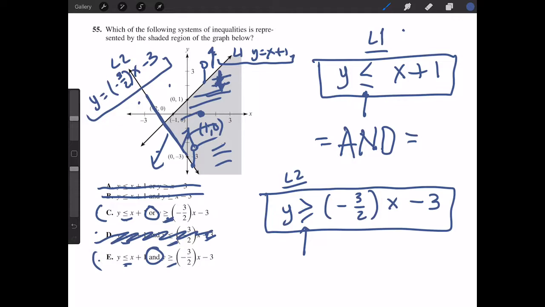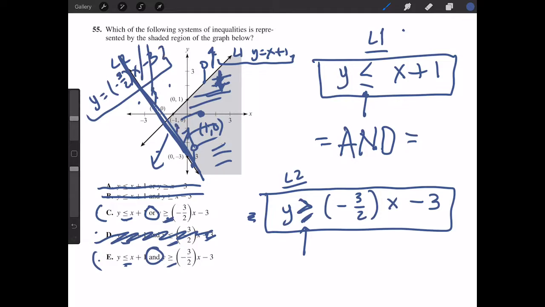Why? Because think of it this way. Let's say that we use the or symbol. Well, when we look at line 2, the inequality reads y is greater than or equal to (-3/2)x - 3. This is line 2 right here.